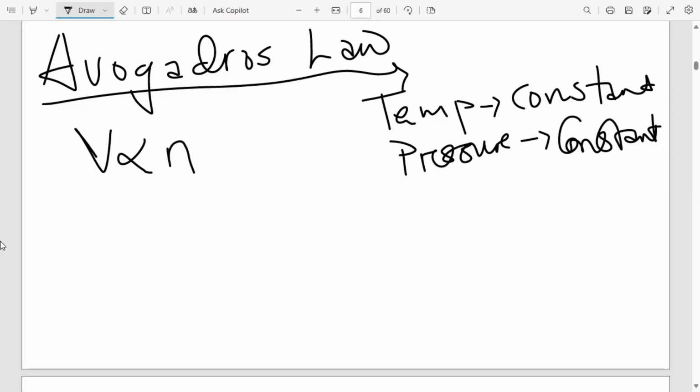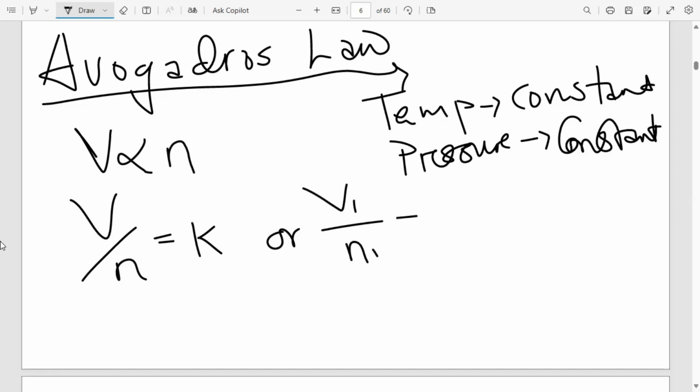Since the volume is directly proportional to the number of moles of this gas, the ratio of change between these two is equal to a constant. There's no change in the ratio. That means volume over number of moles should be equal to a constant K. Or volume 1 over number of moles 1 should be equal to volume 2 over number of moles 2 of this gas, or vice versa.